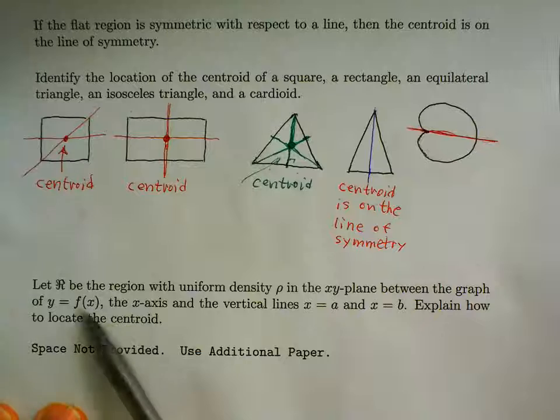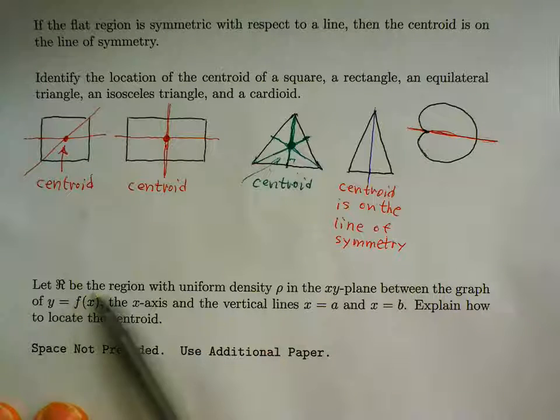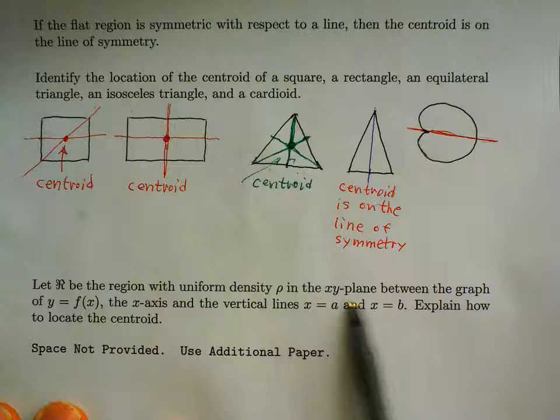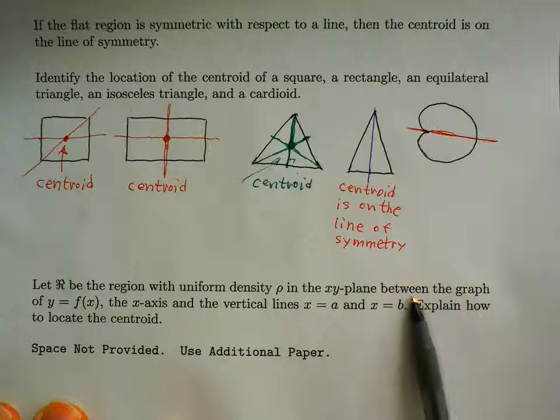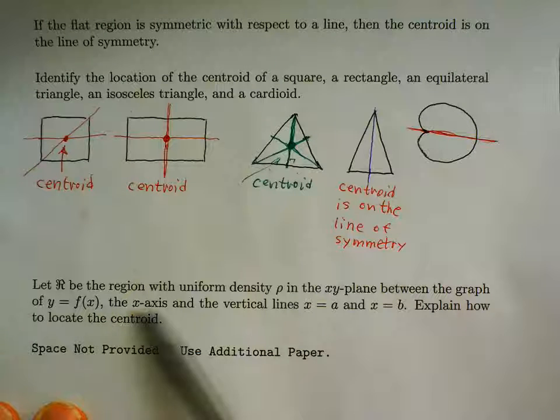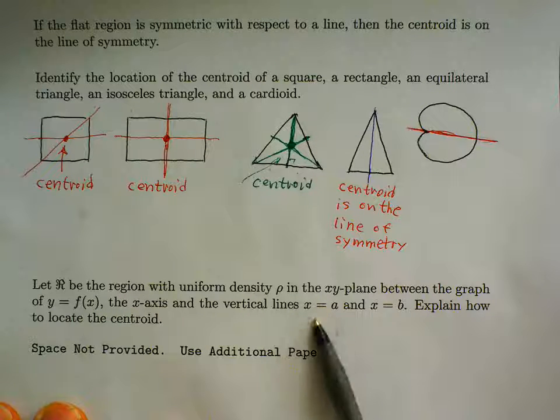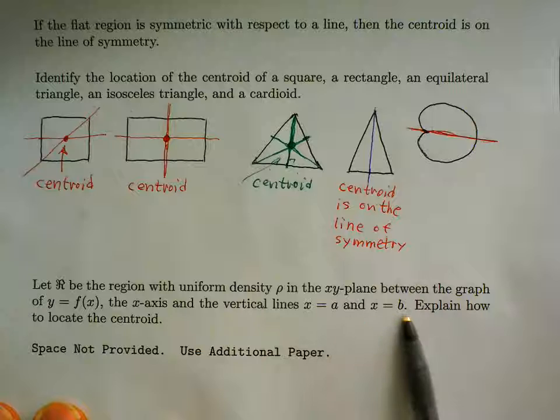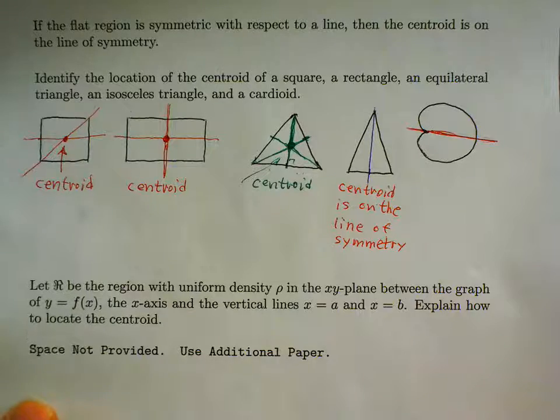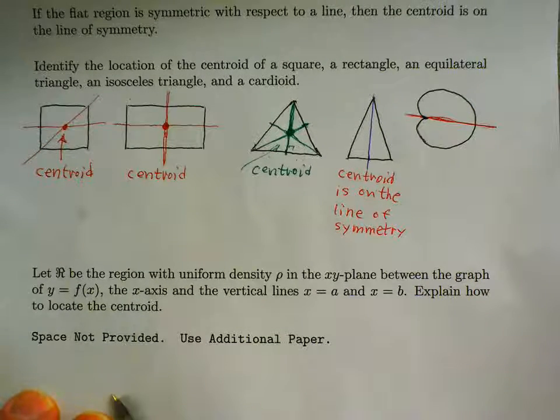So let R be the region with uniform density rho in the xy plane between the graph of y equals f of x, the x-axis, and the vertical lines x equals a and x equals b. Explain how to locate the centroid. Okay, so we will use some other paper to do this.